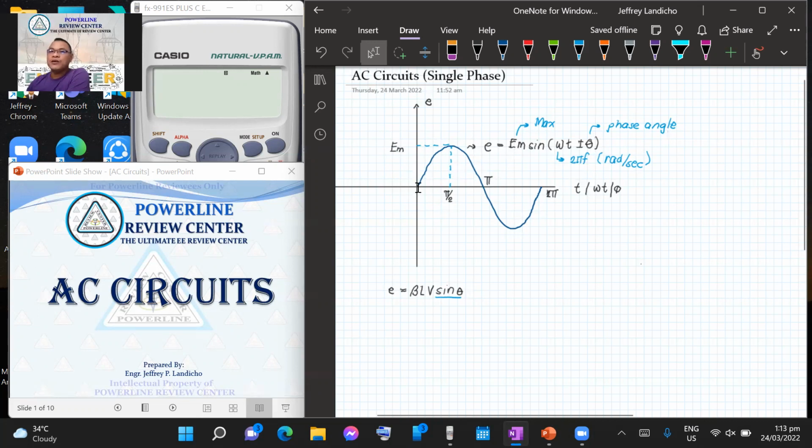That means if that is always the reference, what is the angle there? Zero. So when we take the distance of our waveform, its starting point from our origin, that always represents the phase angle.